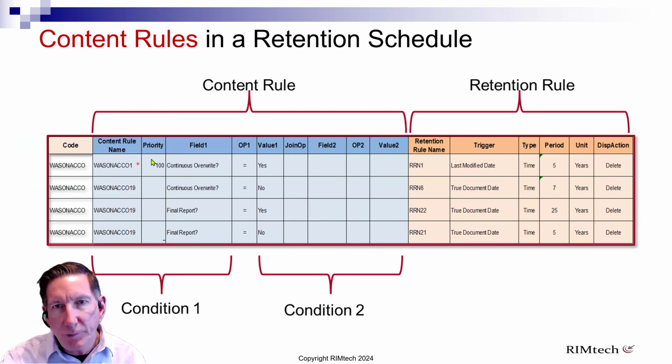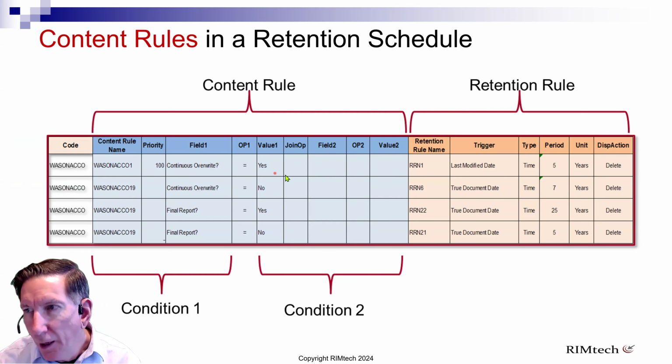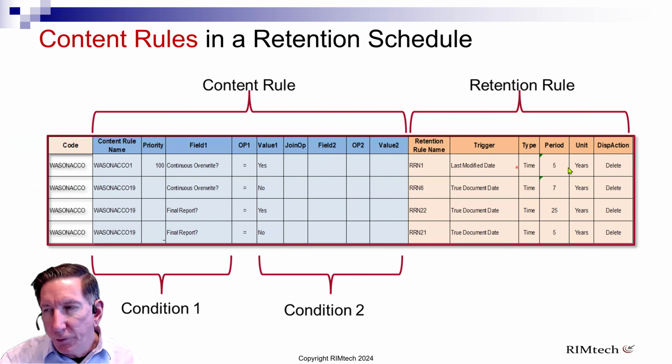The content rule says, for this content, what is the condition that has to be met? To identify that content, you can have 1, 2, or even more conditions. And then which of those 50 retention rules are we going to apply to that content, right? So you have to do that and account for every record in all of your 800 or so libraries, okay?